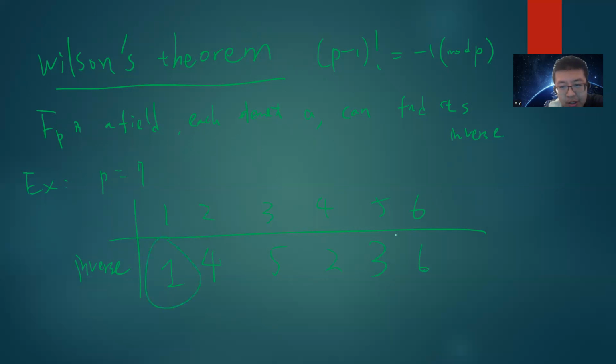So we can see that the only unpaired ones will be 1 and p minus 1. Simply speaking, x squared equals 1 mod p has only two solutions. Why? Because F_p is a field.